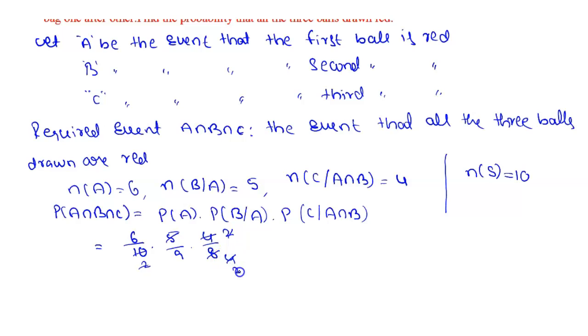Next again 2 twos are, 2 threes are out, 3 ones are, 3 threes are out. So here the leftover value is 1 by 6. So this is the answer. P of A intersection B intersection C is equal to 1 by 6.